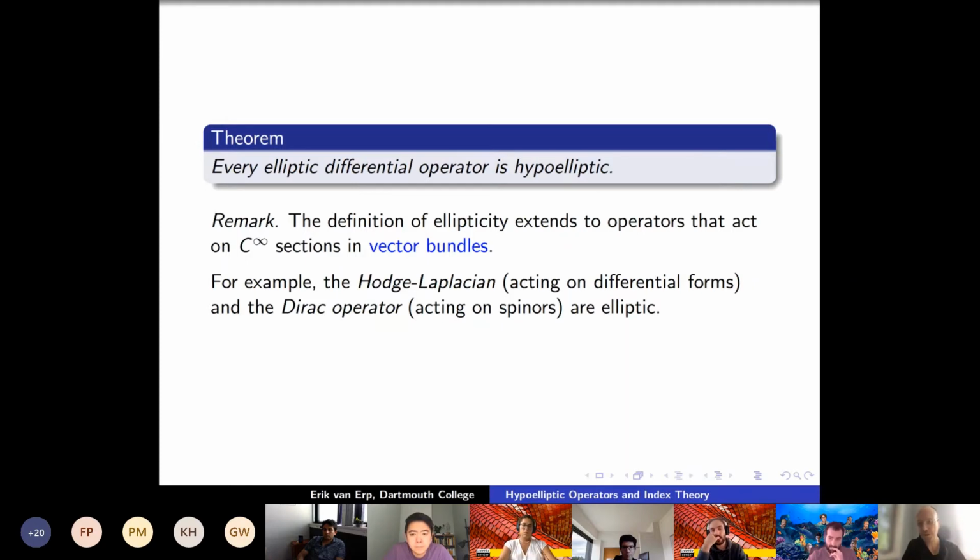So instead of nonzero, you want them all to be invertible. The definition extends very easily to this setting, but I'm not going to spend any more time on this. So that's what I have to say about elliptic operators.